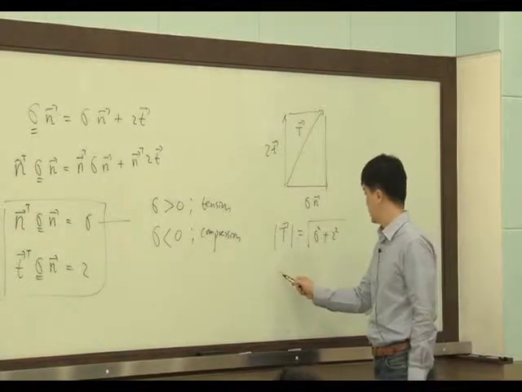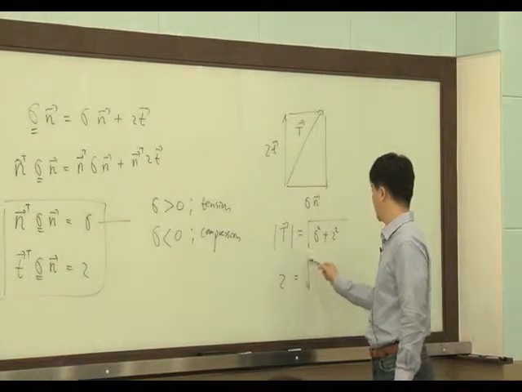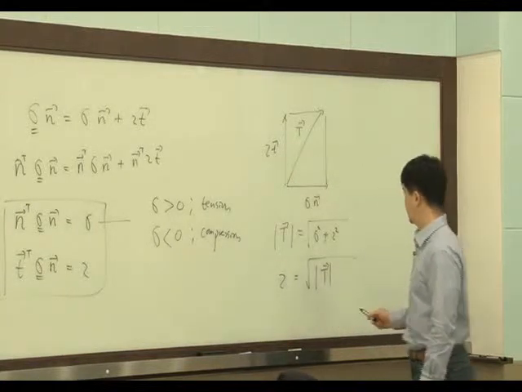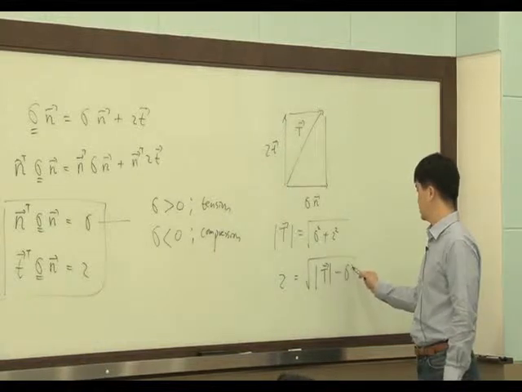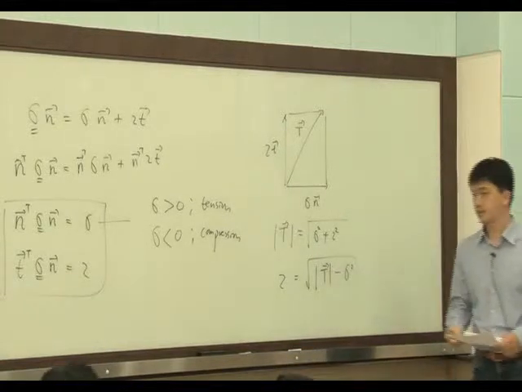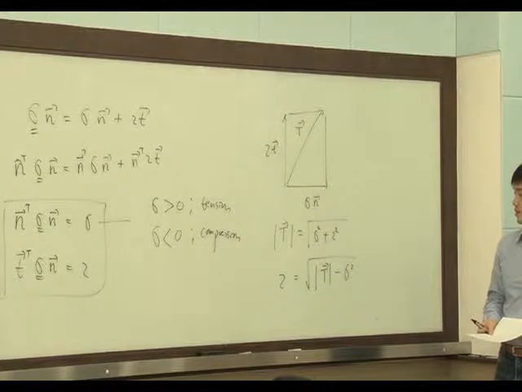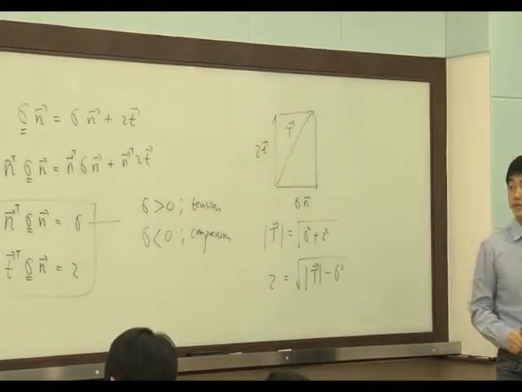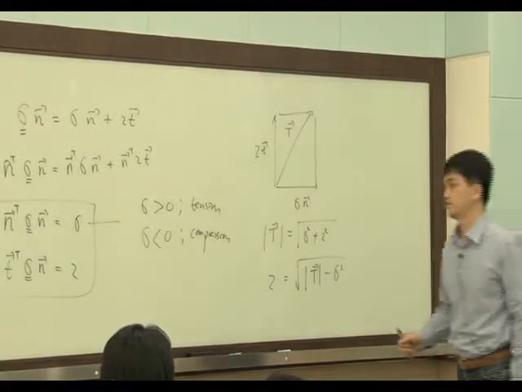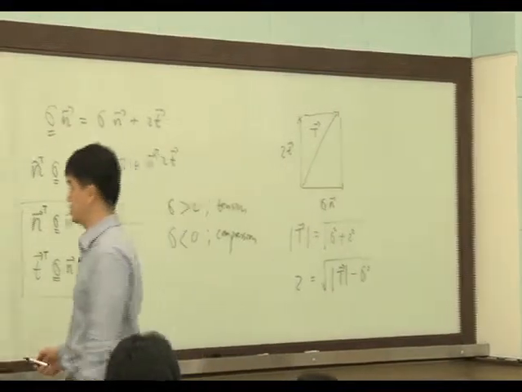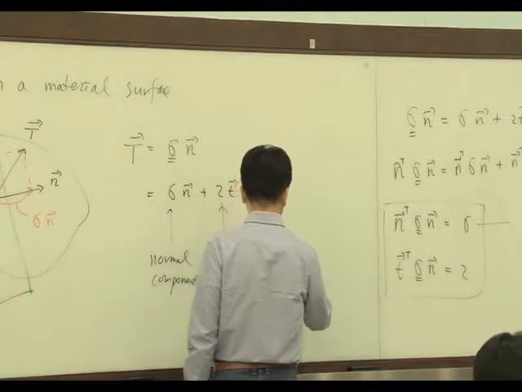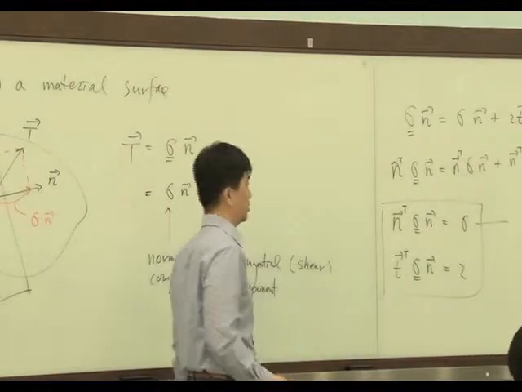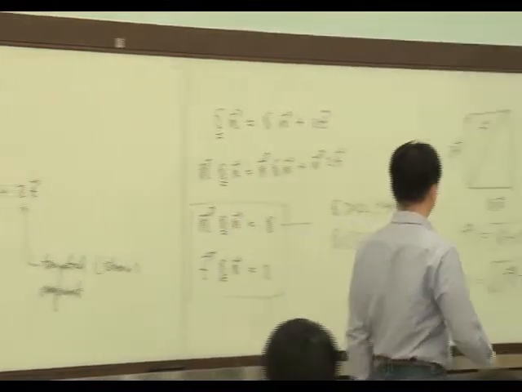Or tau will be the square root of the size of T squared minus sigma squared. So we can also calculate the tangential component. We are saying this is a shear component also. Tangential or shear. The shear stress component can be calculated by this equation here.